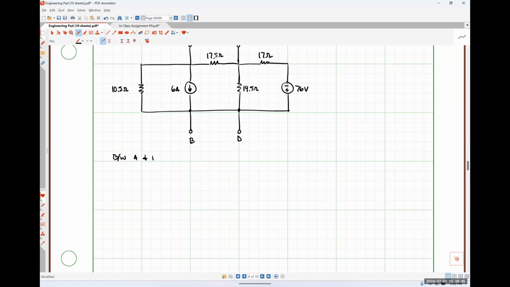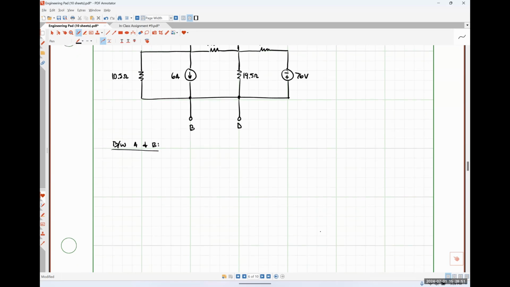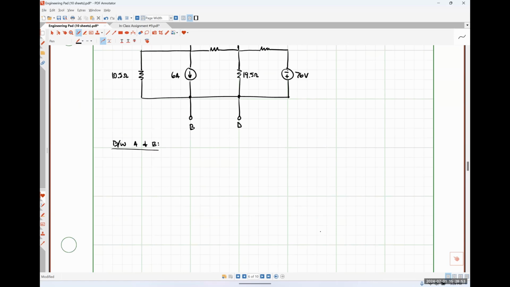So between A and B, I'm going to draw things slightly differently here. It's going to be incredibly similar. So here's my 10.5 ohm resistor.